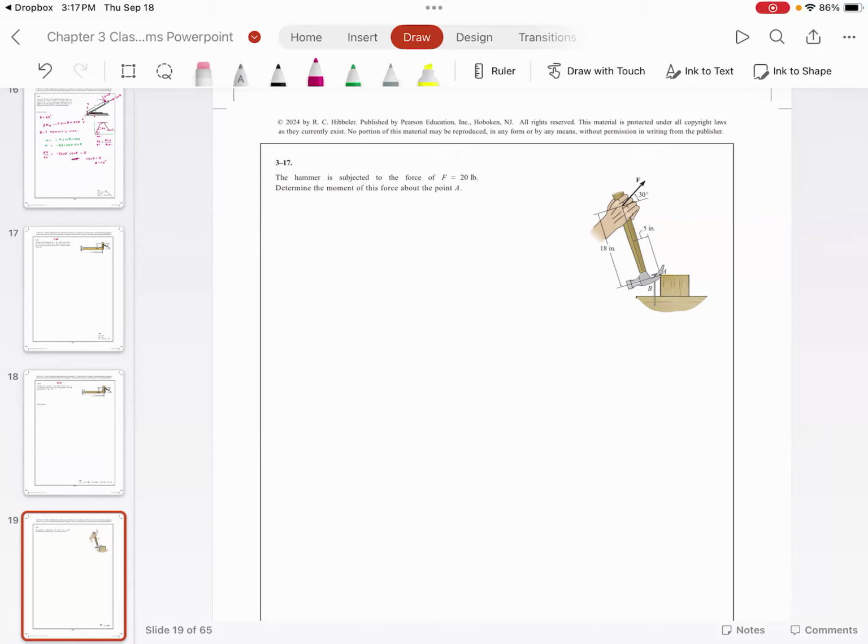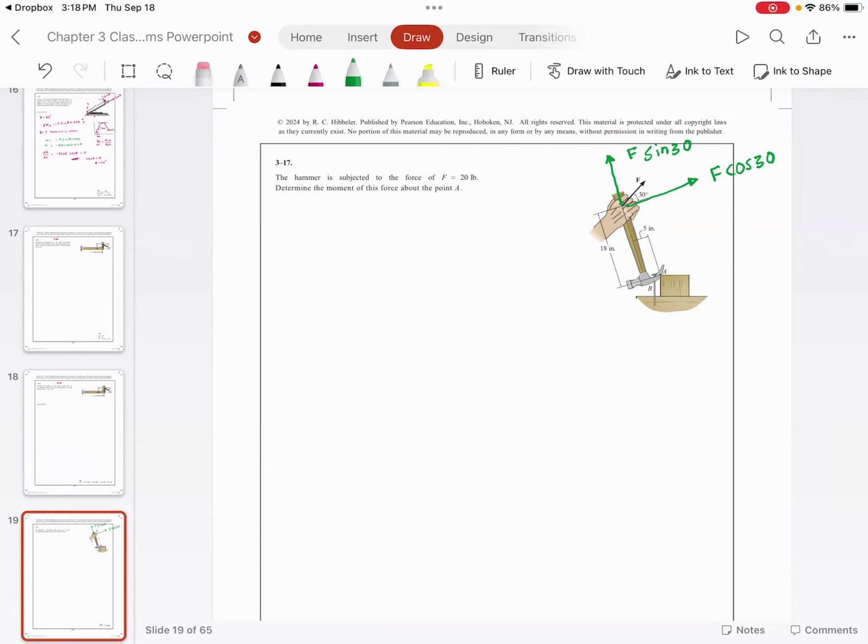Determine the moment about point A. To solve this problem, what we need to do is, we need to resolve this force in the horizontal direction, which is F cosine 30, and we need to resolve the force in the vertical direction, F sine 30. Do you agree with me?